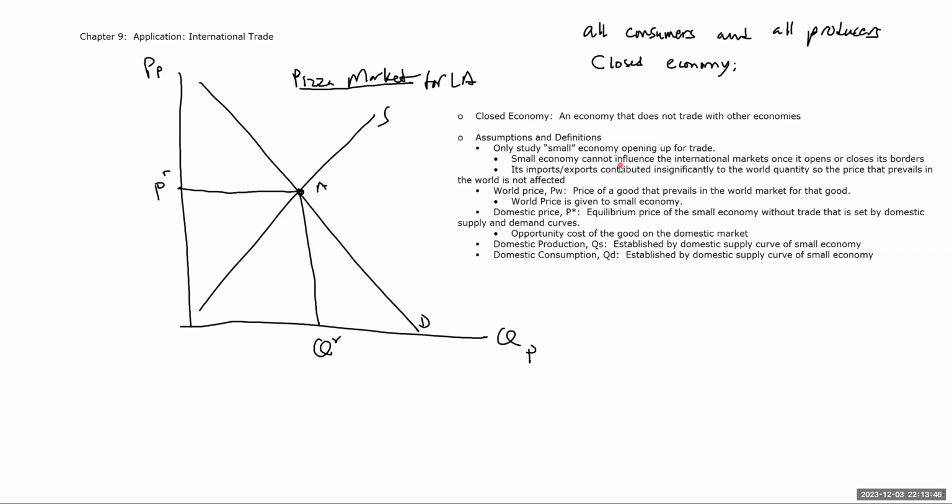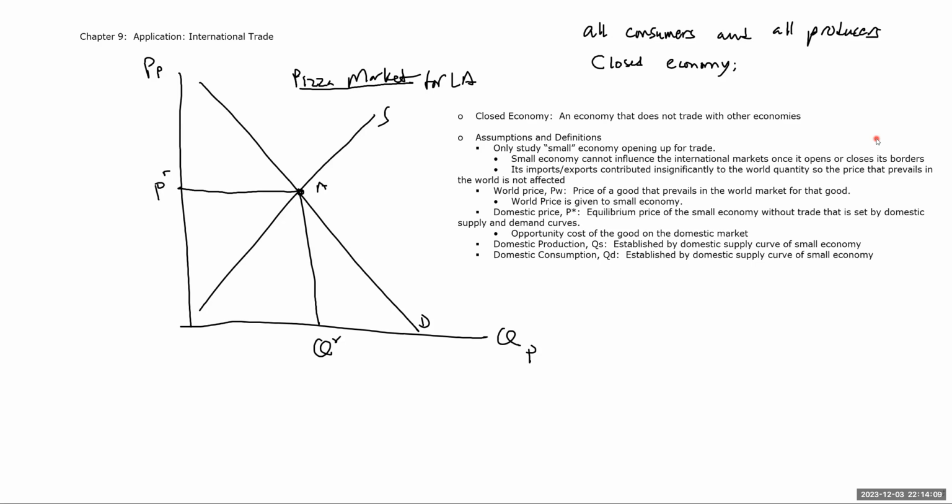And we're going to see what happens when a small economy opens up for trade. What does it mean by small economy? It cannot influence the international markets once this small economy opens its border for trade. We're not going to study what happens if a large country like the United States opens up for trade. Why?